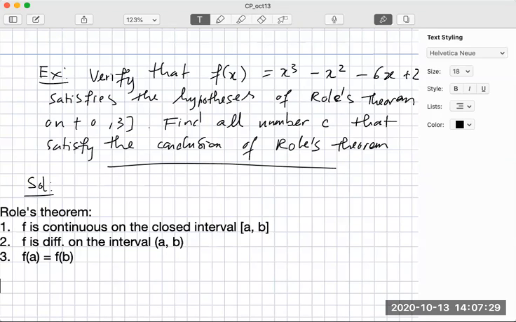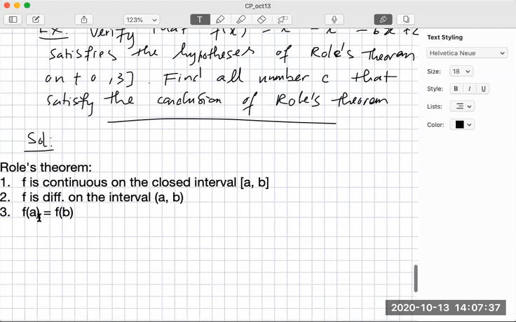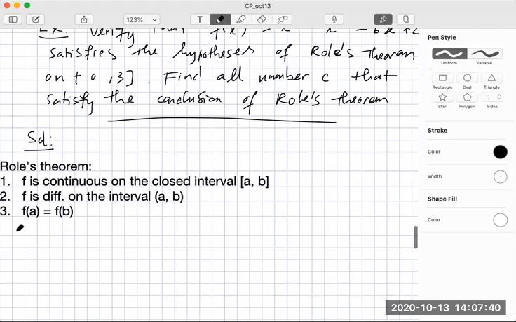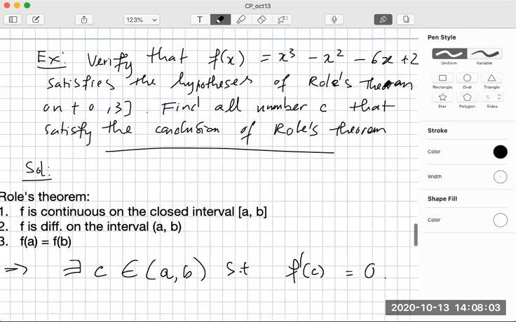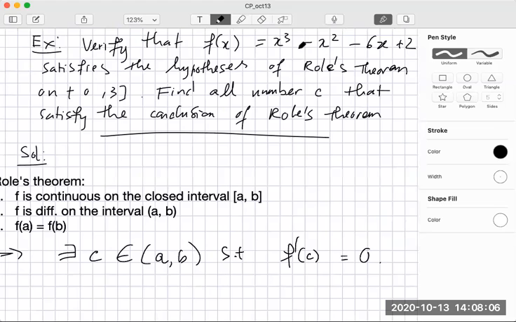If a function satisfies these hypotheses, then we conclude that there exists a number c from this interval from a to b such that the derivative at c will be 0. Okay? Now, we need to check all these, okay? First, can you tell me if it's satisfying the first condition?